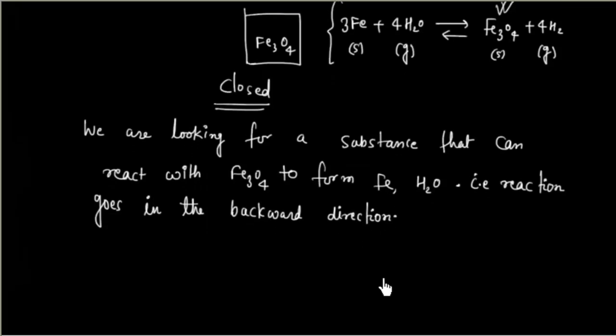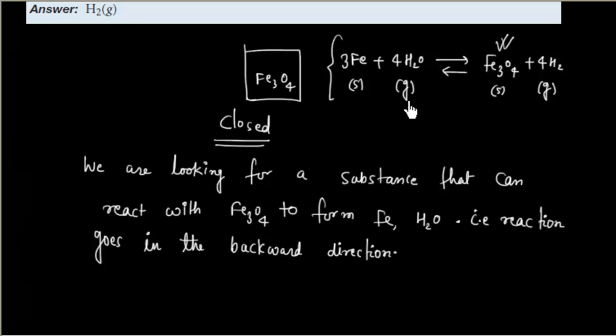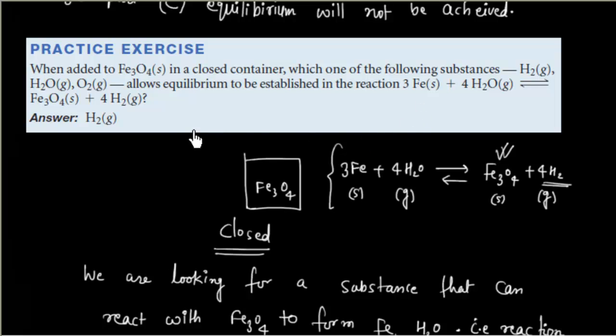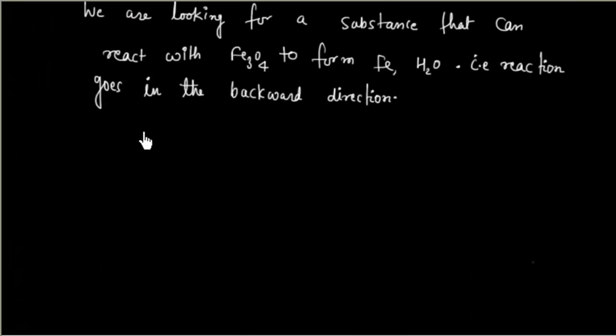So we will have basically here H2. If we add hydrogen, it will react with Fe3O4 and the reaction will go in the backward direction. So basically we have to add hydrogen also in this container, and we have to choose which of the following substances allows equilibrium. So I can say hydrogen will allow equilibrium to be achieved.